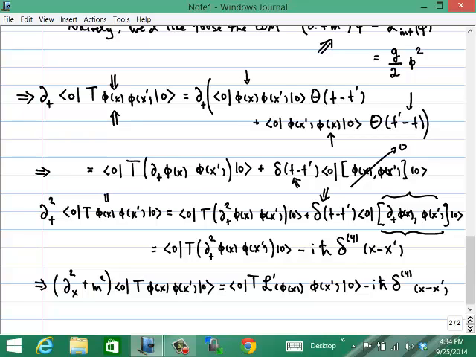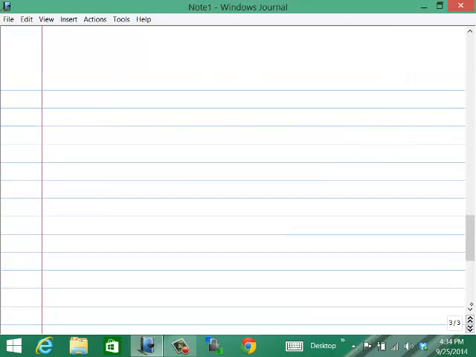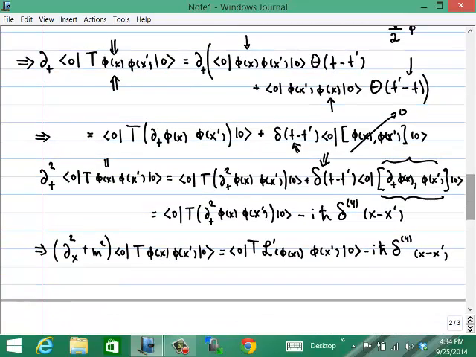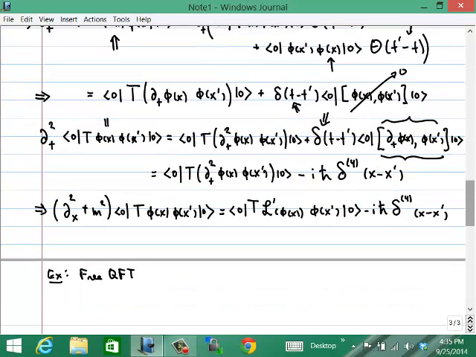So let's just stare at this equation for a second. So let's consider the example of free quantum field theory. So in free quantum field theory, we had a name for this time-ordered expectation value of two fields. We called it the Feynman propagator. And in a free quantum field theory, the interaction term vanishes.